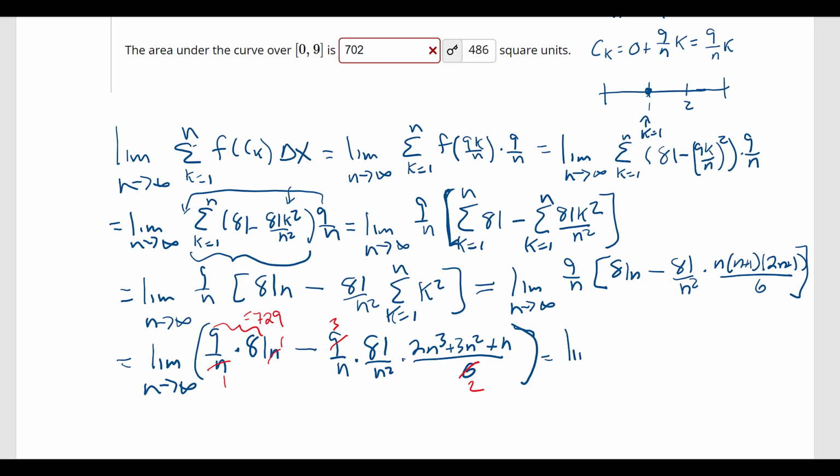We have the limit as n goes to infinity of 729 minus 3 times 81 is 243 over n cubed, that's n times n squared is n cubed, times 2n cubed plus 3n squared plus n.